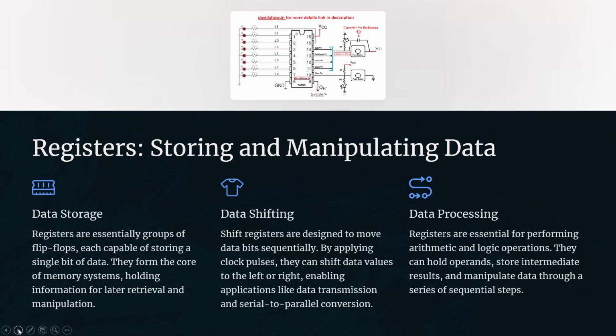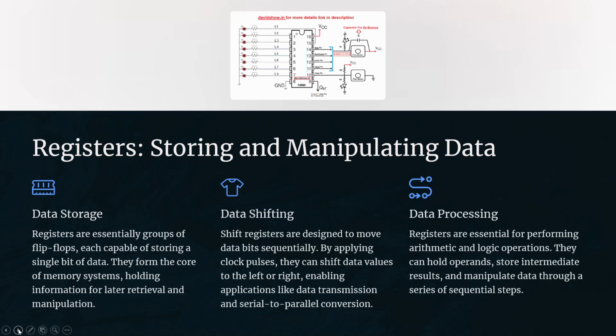Data shifting. Shift registers are designed to move data bits sequentially by applying clock pulses. They can shift data values to the left or right, enabling applications like transmission and serial-to-parallel conversion.